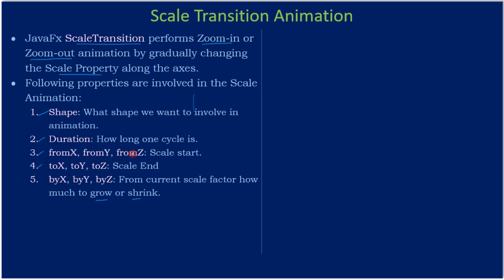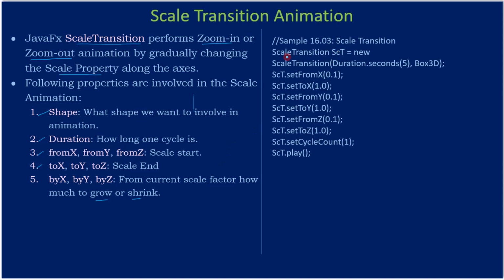In all this, you will actually specify the scale factor, and you will see that here in the example. Here we are creating a scale transition, and we call the object scale transition T. To this scale transition we specify the seconds, how long the transition should go, and the object that is involved in the transition.